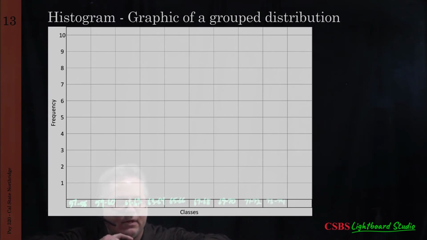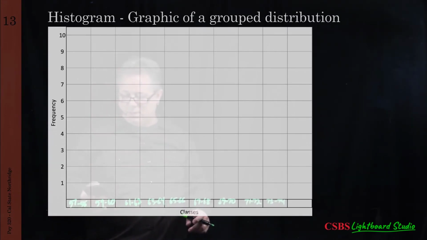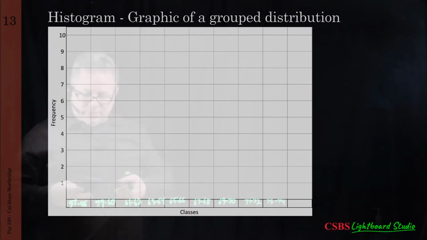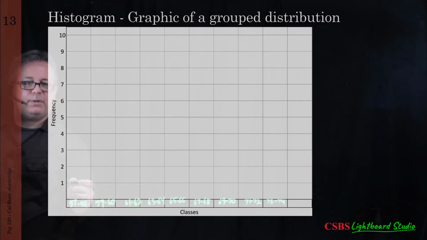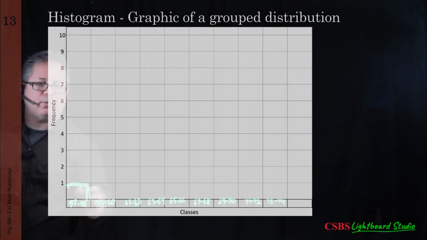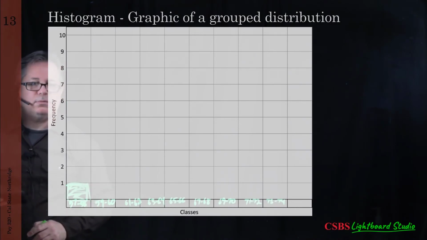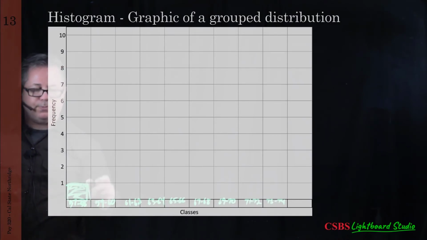Okay, so those are the classes that we came up with. And then in each of those classes, we had put together the frequency for each one. So I'm looking back at my phone. The first one, let me step out of the way here. The first one only had 1 in it. Just 1. So there's my first one. The second one had 2.